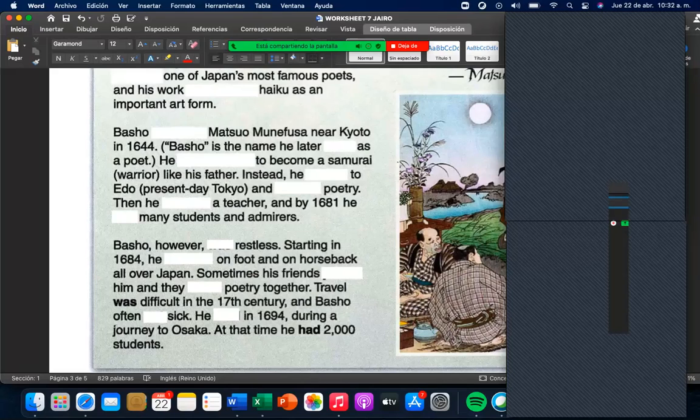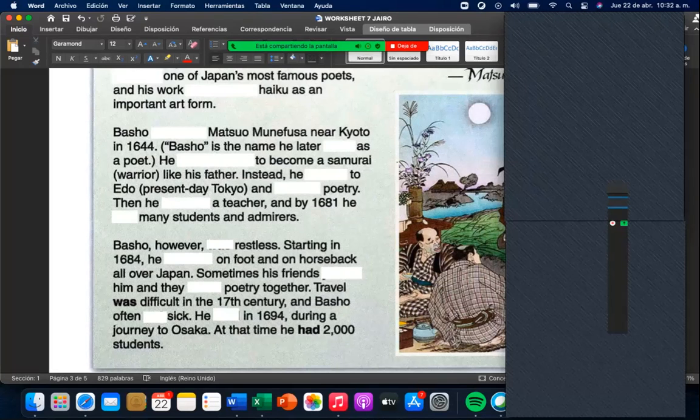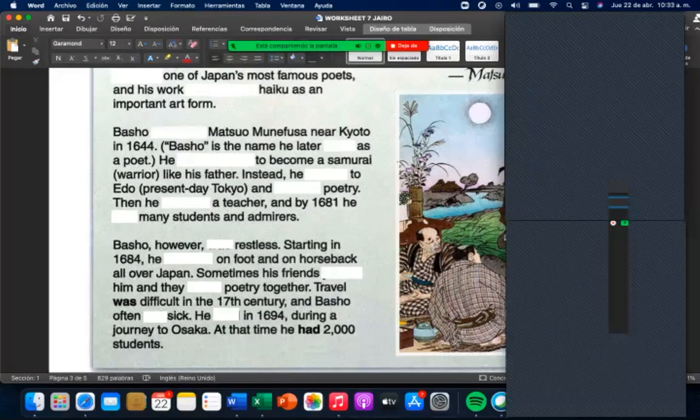Sí, pero claro, Matsuo Munefusa parece nombre y apellido, ¿cierto? Pero en realidad es una ciudad cerca a Kioto, que son ciudades japonesas. Entonces acá puede ir el verbo was born in o simplemente was born. El verbo born por sí solito no se usa, chicos. Casi siempre requiere en contextos formales el uso del verbo to be.